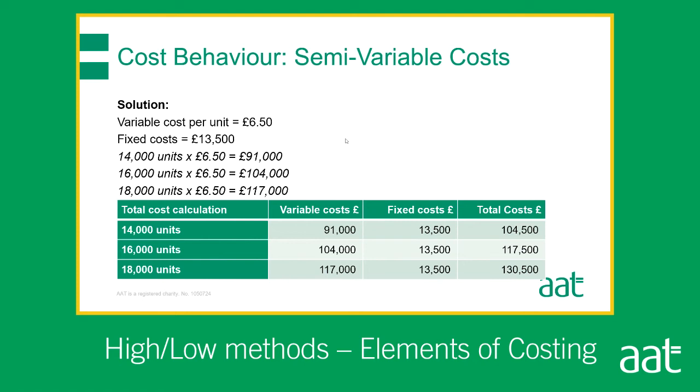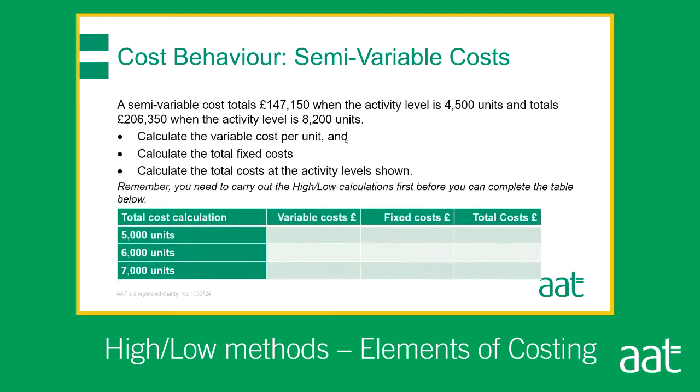Okay, so here's another question for you. Semi-variable cost totals £147,150 when the activity level is 4,500 units and totals £206,350 when the activity level is 8,200 units.